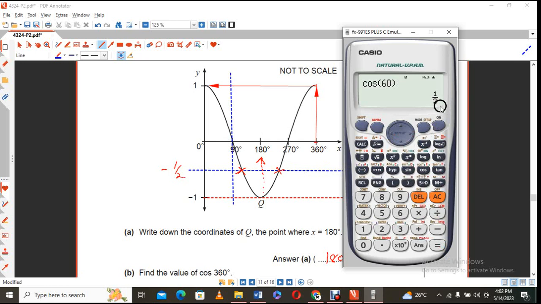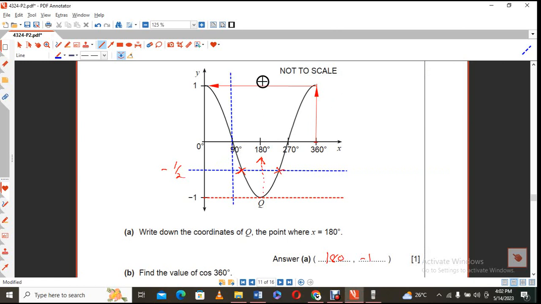The ratio here is positive, okay? The second quadrant is from 90 degrees up to 180 degrees. You can see that cosine is negative. If you go in the third quadrant, you can also see that the cosine is negative because the graph is on the negative side. And obviously, if you go to the fourth quadrant, you would see that cosine is positive.